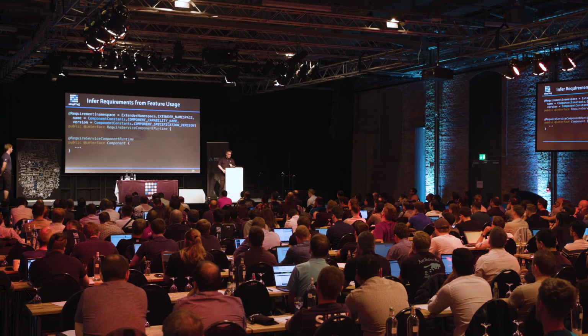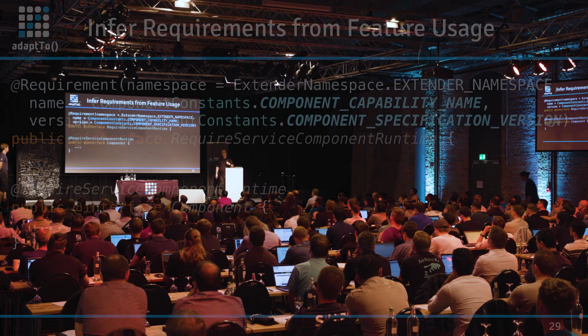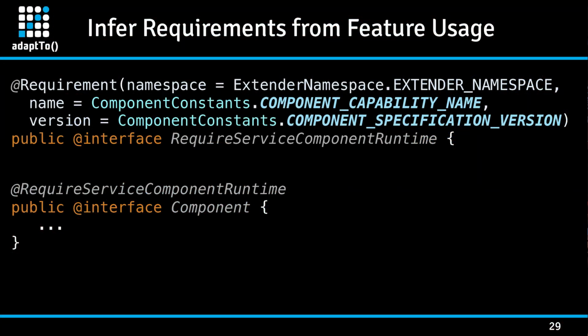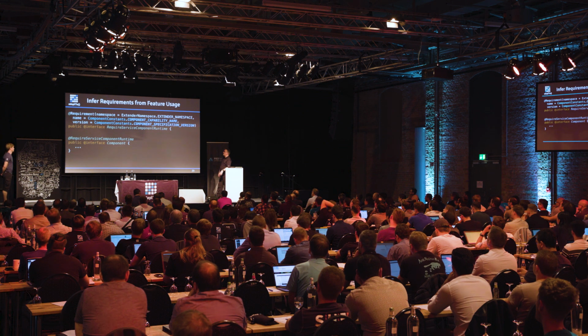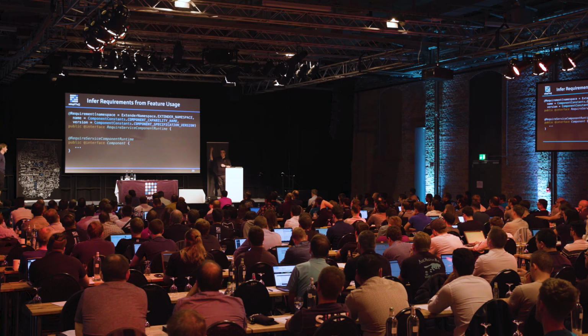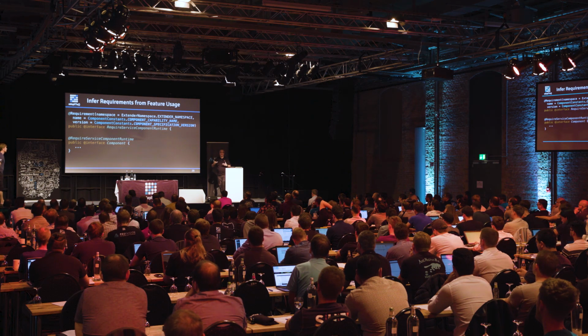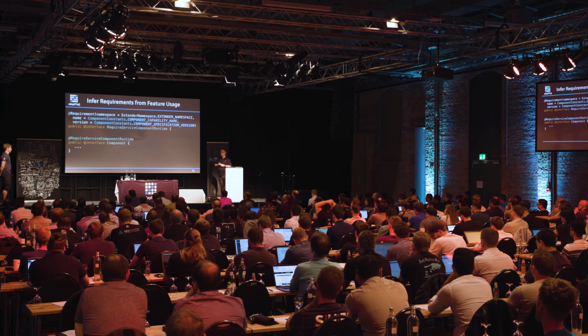And this is where the interesting part comes in, because we use meta annotations to do that stuff. This might be a little bit tricky to explain, but basically we defined this require service component runtime annotation, which has the requirement annotation, right? And this requirement is what you want to have in your manifest later on.